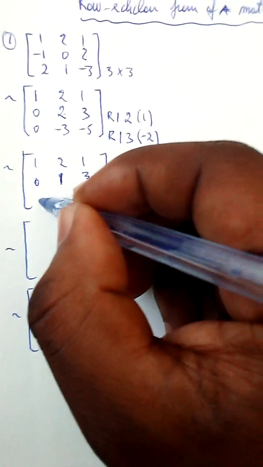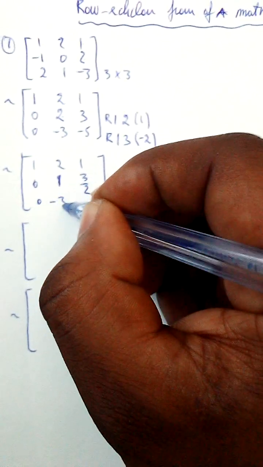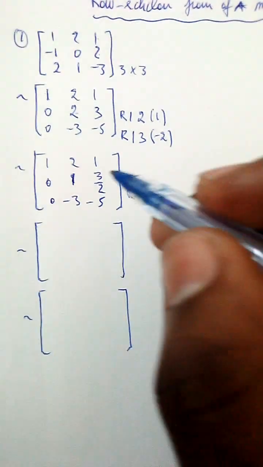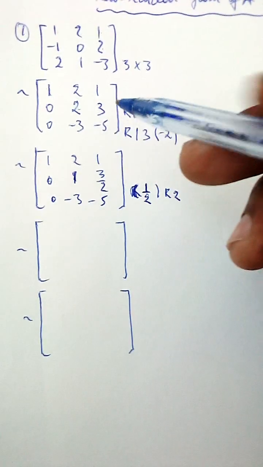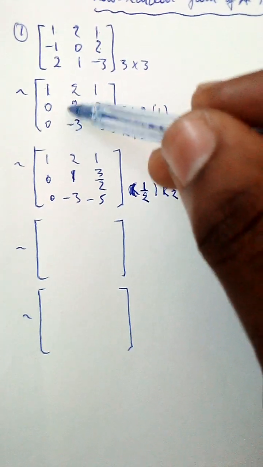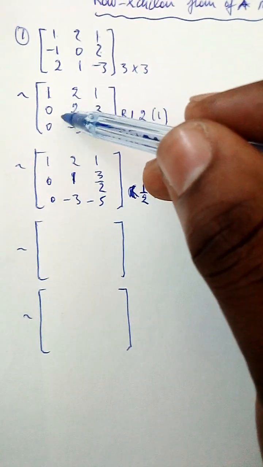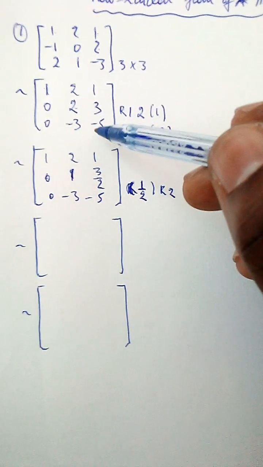And the third row stays the same here. As we have a leading one here, we are going to use the second row in order to solve the third row.